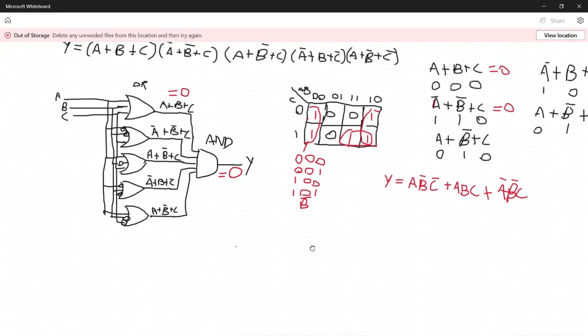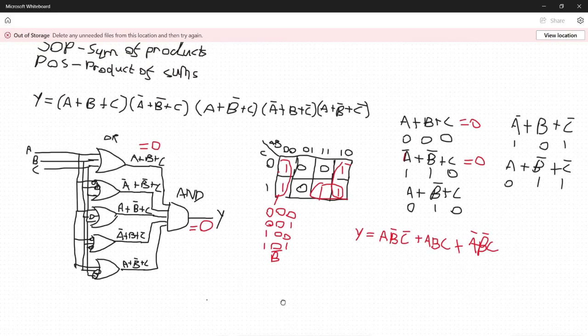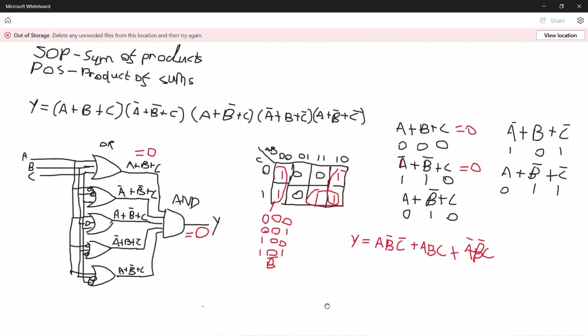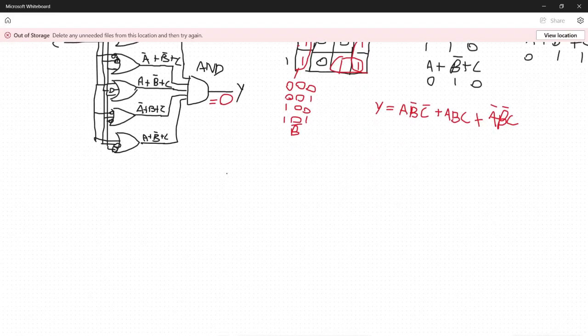Now, just as one last example, let's start off with a sum of products.